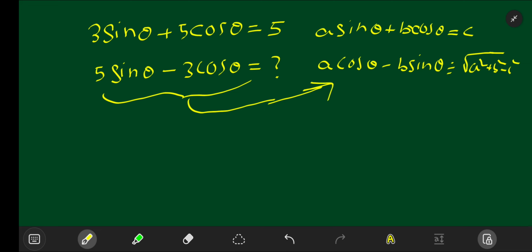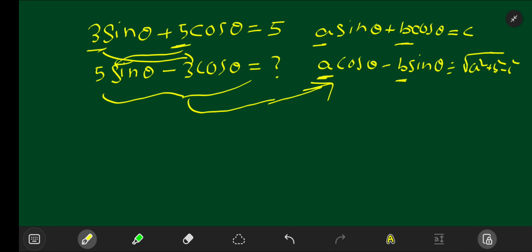First we have A and next also A. Here it is B, and in the down equation also B. But here we have it interchanged. 3 is here and 3 is here. 5 is in the second place and it is in the first place. It is in the interchanged form.